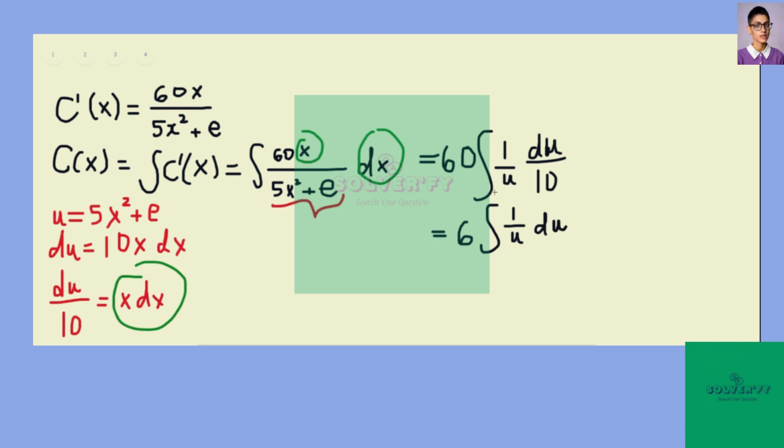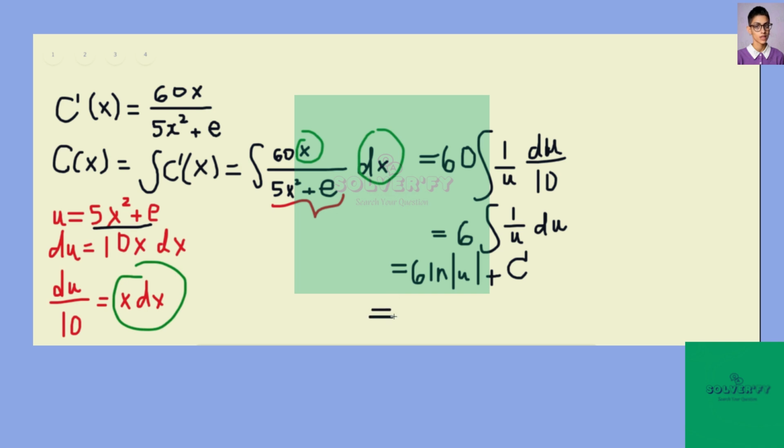So the integral of 1 over u is ln of u, so it would be 6 ln of u in absolute value bars, and then don't forget the plus C since it's an indefinite integral. And now you can't leave the answer in terms of u, so you would have to plug in what we originally let u equal to.